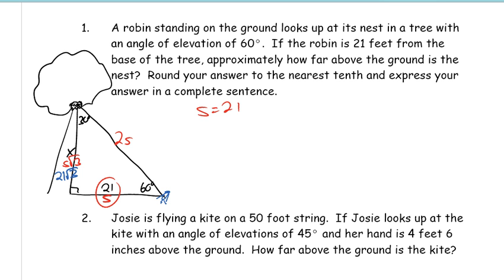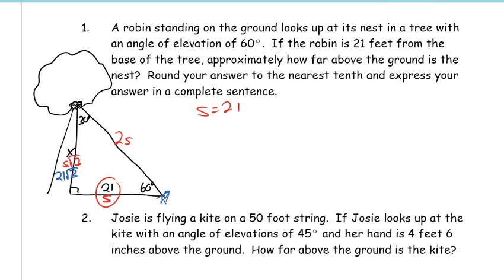Let's hope this iPhone can do it. Actually, it's not stupid. I didn't mean that iPhone. 21 radical 3. How do I do that, guys? We're going to take 21 times the square root of 3.